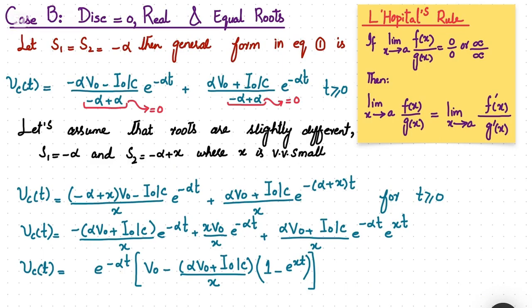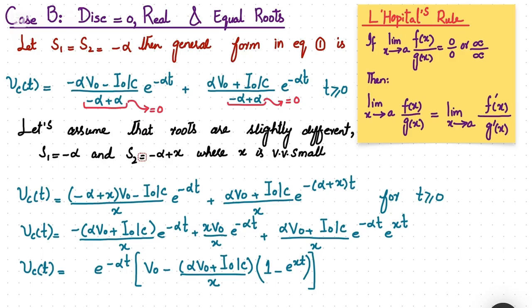So in order to solve this case, let's proceed in such a way that we assume the two roots are slightly different, and let's state that s1 is equal to minus alpha, whereas s2 is equal to minus alpha plus x, where x is very very small. When x is very very small, it means they are nearly the same. So Vc of t in this case, when we insert the values of s1 and s2 in equation 1, our equation becomes this equation.